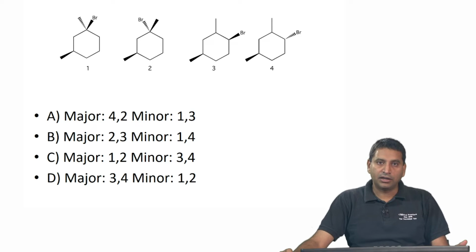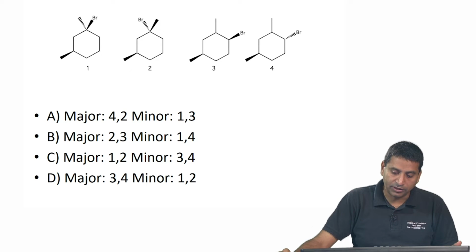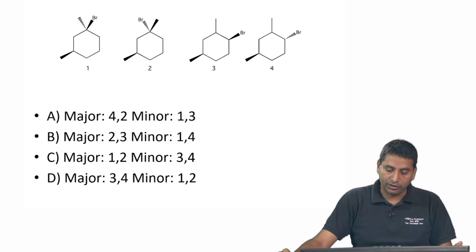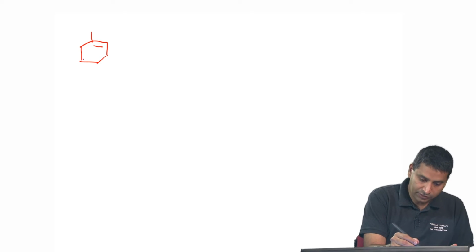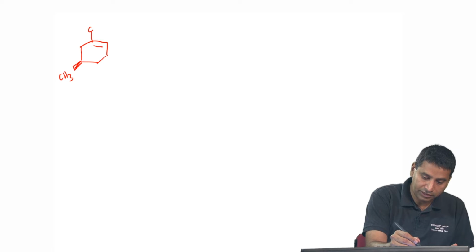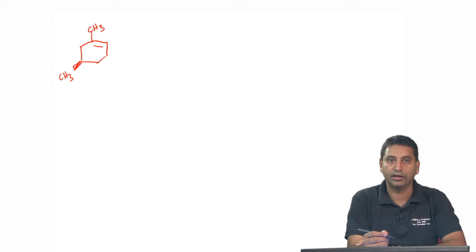So, let us go back and draw again the reaction that we are looking at. Let me draw that over here. This is methyl cyclohexene, and then there is a CH3 over here and there is a CH3 over here. Okay.